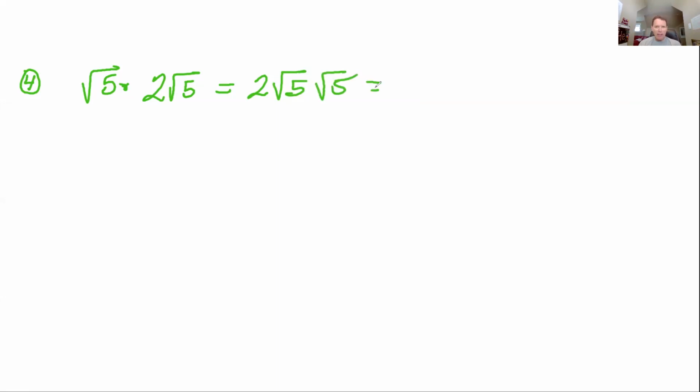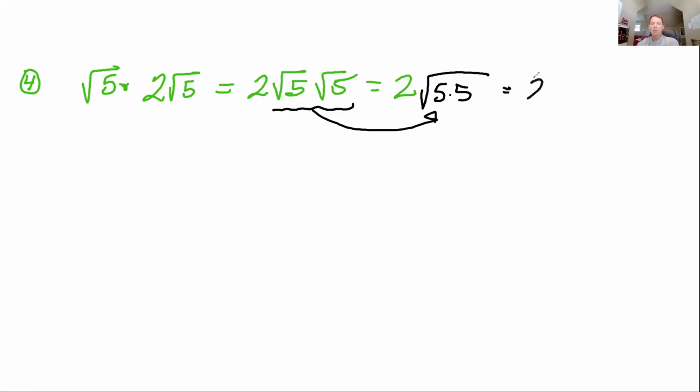And you might look at this and say, oh, I know what happens when I take the square root and multiply by itself. And if so, that's great. But if you don't, here's what we're going to do. I'm going to write this as 2, and then I'm going to write this as the square root of 5 times 5. So I went putting them together rather than taking them apart, which I'm allowed to do.